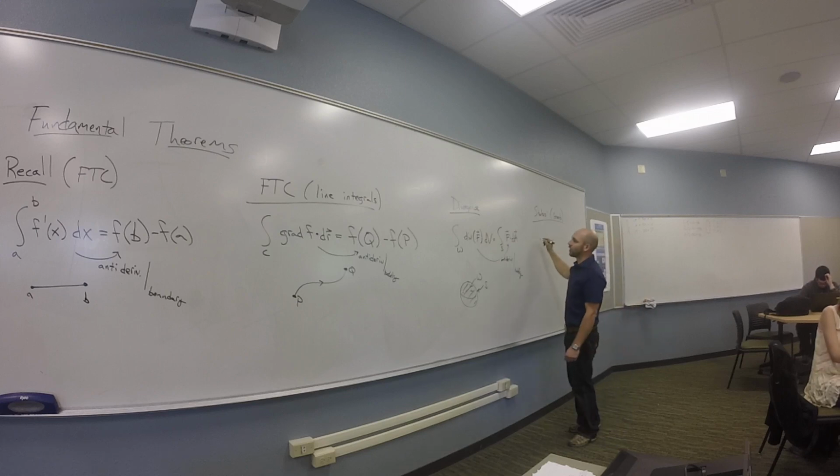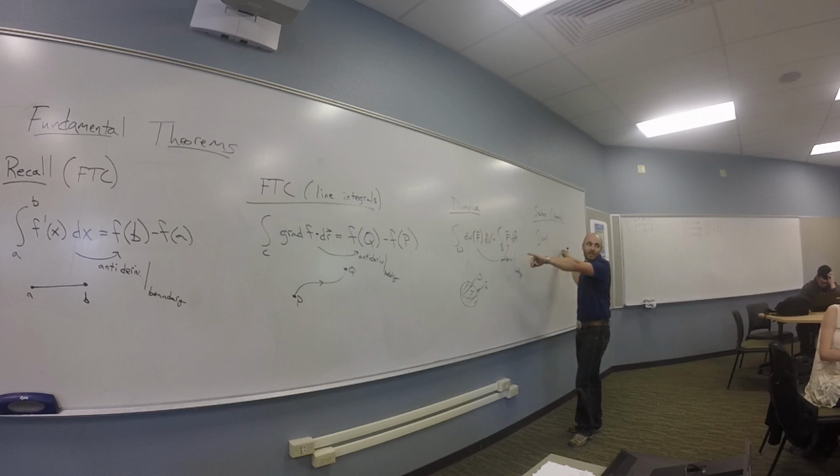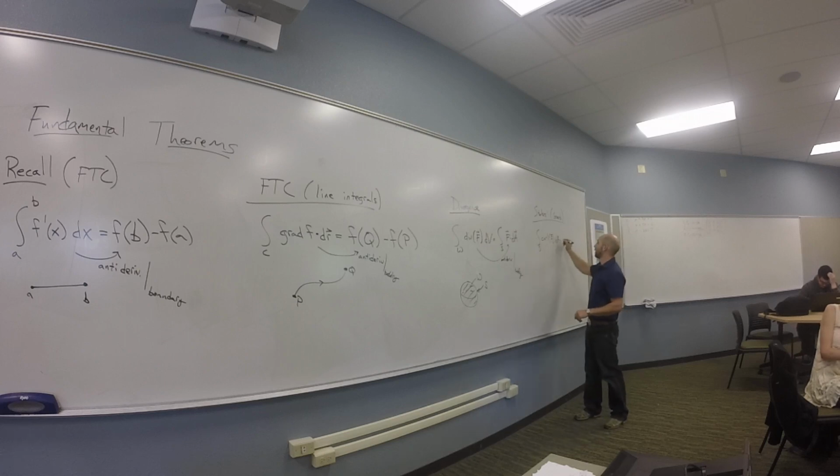Okay, so my Stokes says what? I'm trying to set this up the same way I set those up. I'm starting with the surface integral of the curl of F dotted with the area vector.